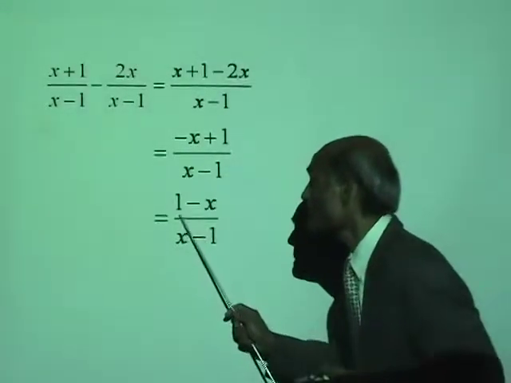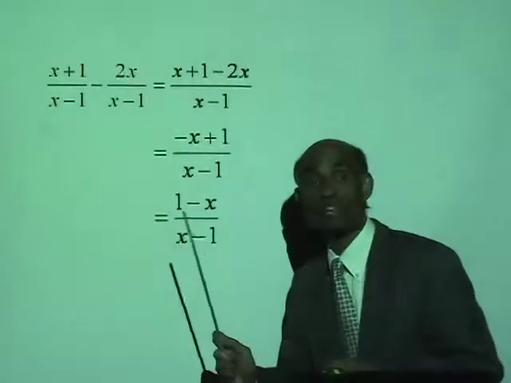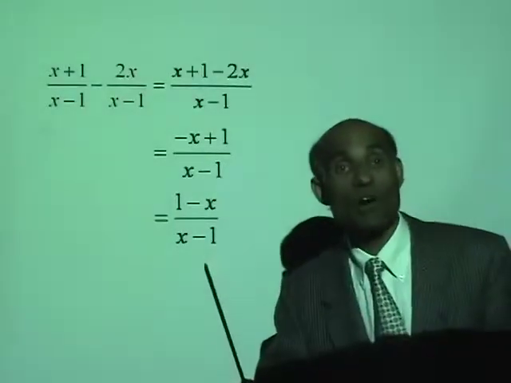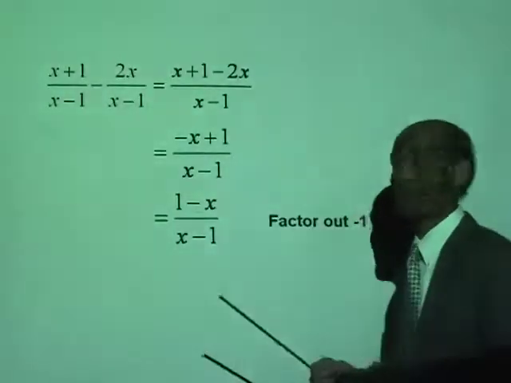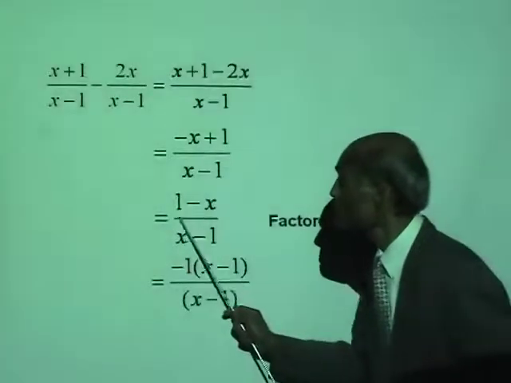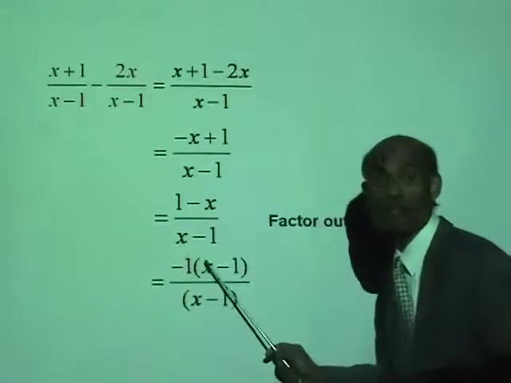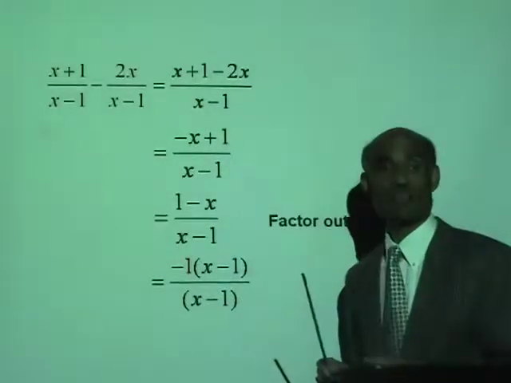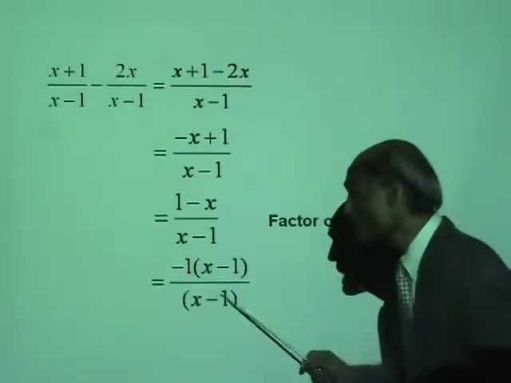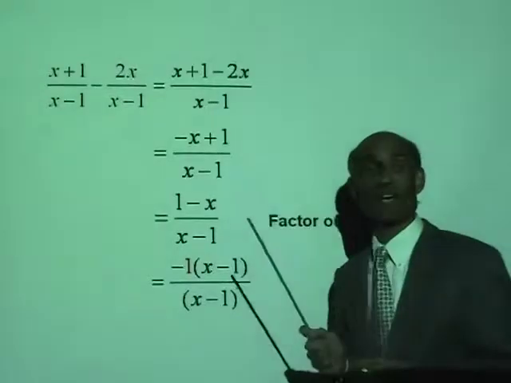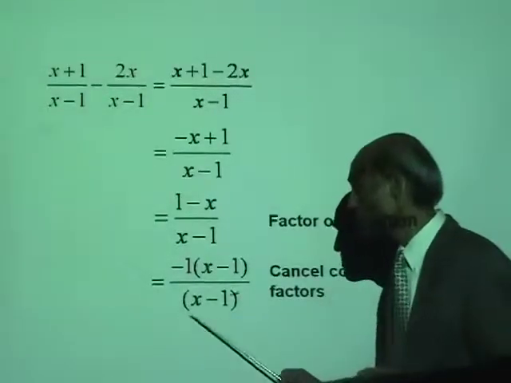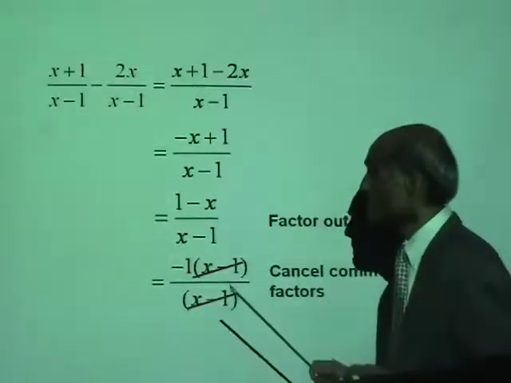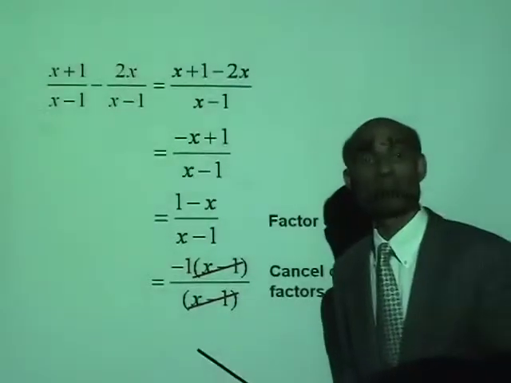Alright, now we write 1 minus x is the same as negative of x minus 1. There you are. So the numerator now is negative 1 times x minus 1 divided by x minus 1. And now we can cancel the common factor x minus 1 from the numerator and the denominator. What's our answer?